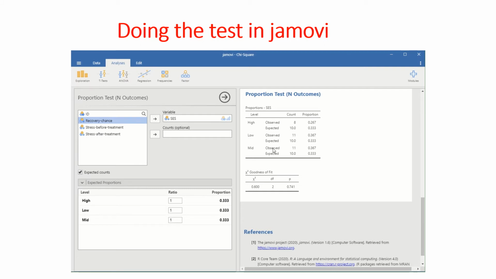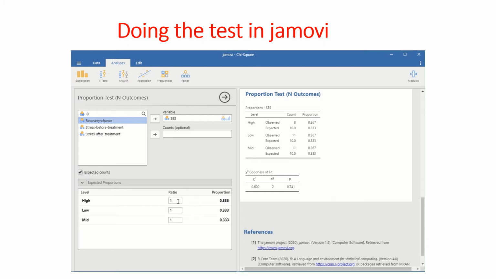So this is how you do the goodness of fit test, but sometimes you want to change your hypothesis. For example, sometimes, before you start doing the analysis, you come up with some predictions.